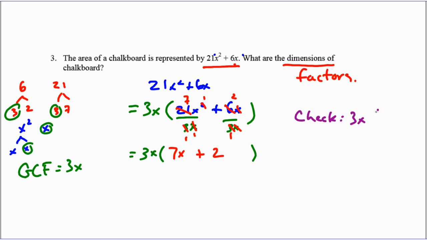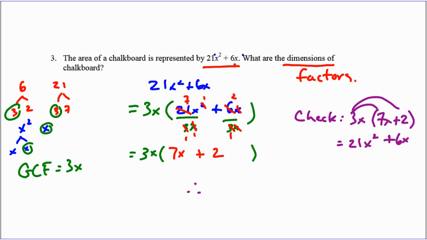3x times 7x plus 2. So 3 times 7 is 21, and x times x is x squared. So now we're going to see a quadratic. 3 times 2 is 6x, and that matches back to there.